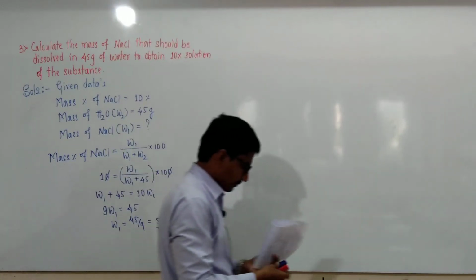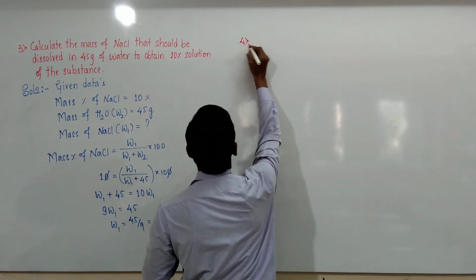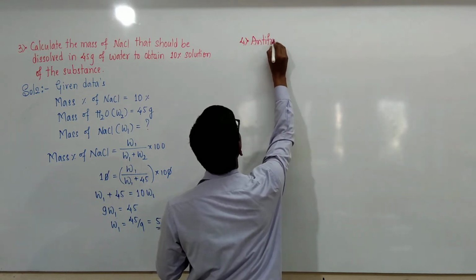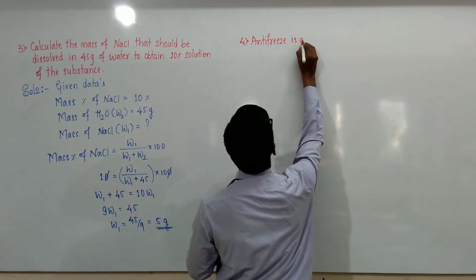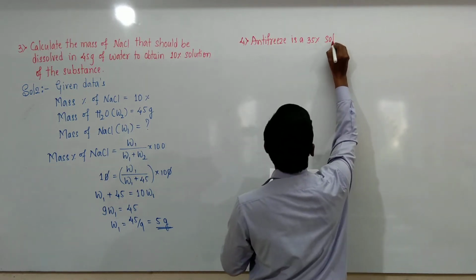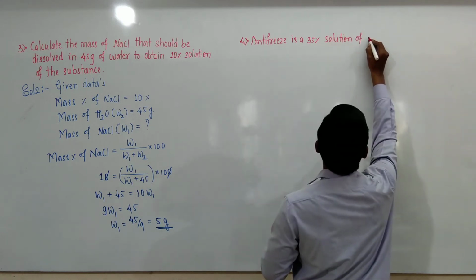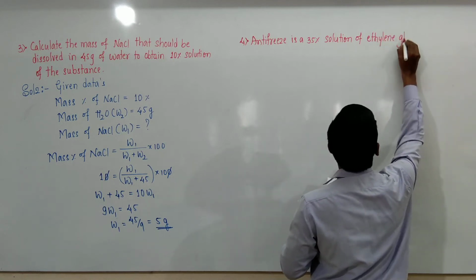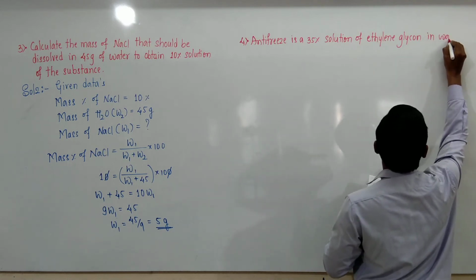Next problem is based on volume percentage. Fourth one. Antifreeze is a 35% solution of ethylene glycol in water.